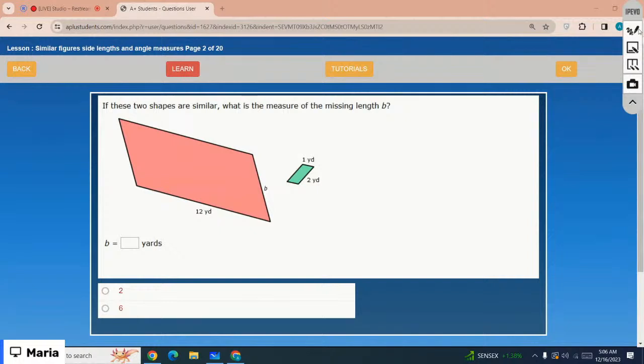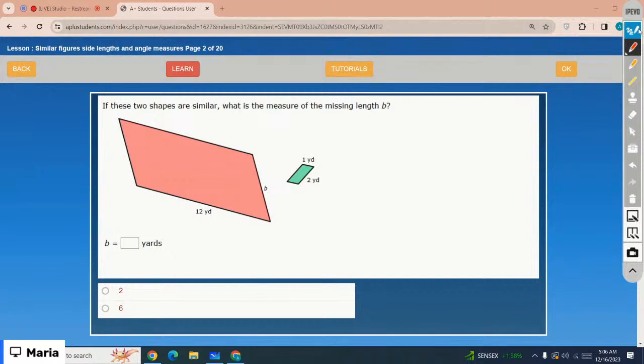If the two shapes are similar, what is the measure of the missing length B? If you rotate this image, 12 yards is similar to 2 yards and B is similar to 1 yard.